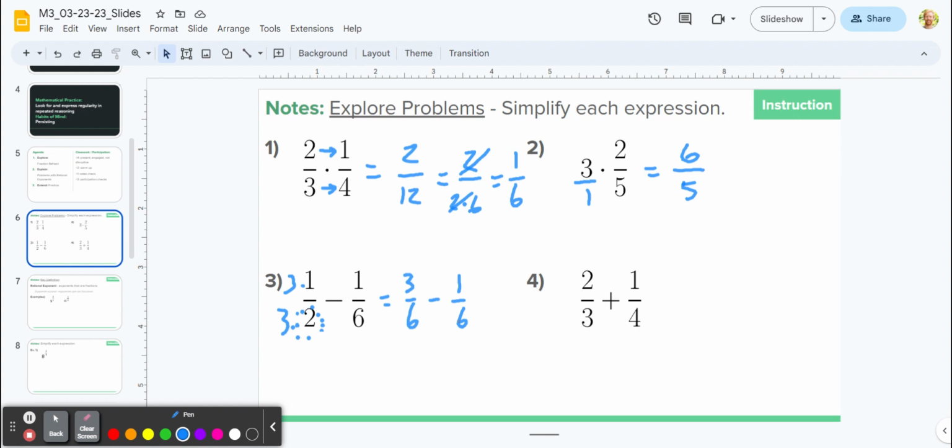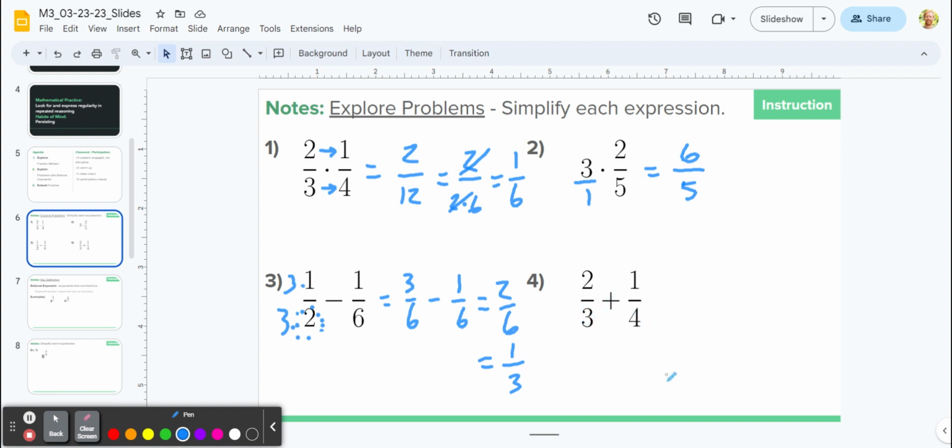All right, last problem. Similar thing. This one's a little more complicated because we have to get 3 and 4 equal to each other. So we try to think, what's the least common multiple that we can hit with those numbers? The answer is 12. We are going to target 12 as our denominator. On the left-hand side, I'm going to multiply by 4 over 4.